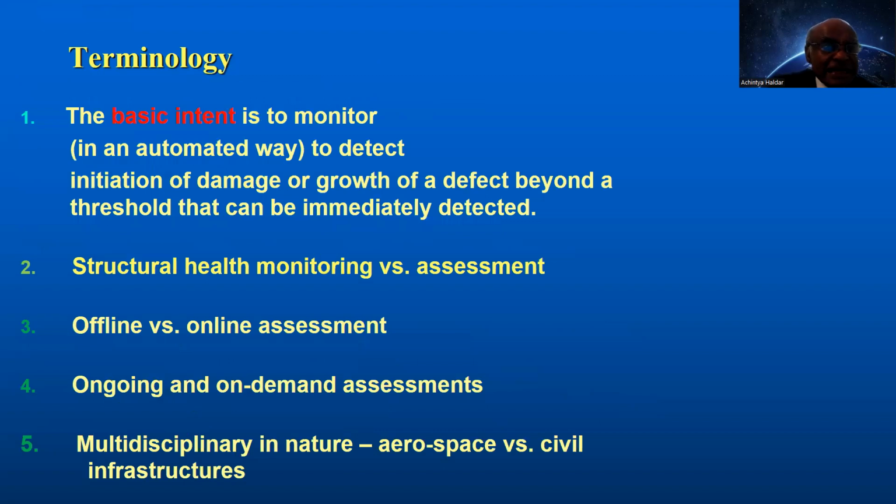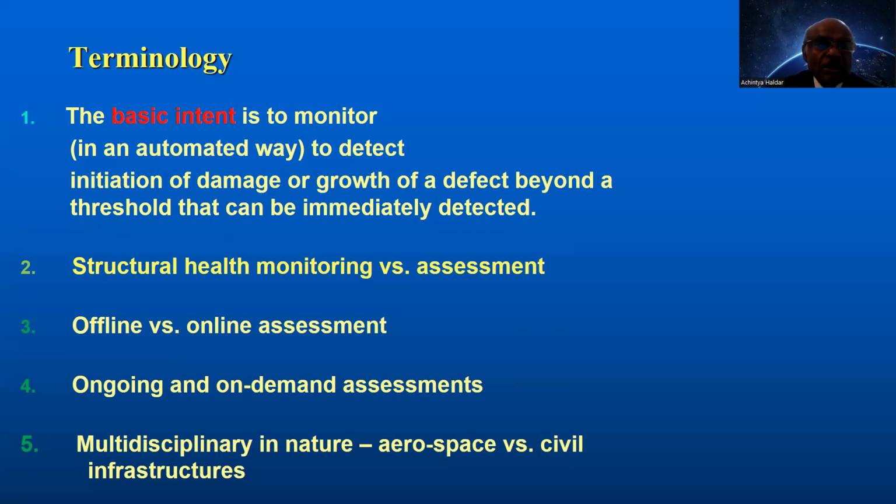The basic intent of structural health assessment is to monitor in an automated way to detect initiation of damage or growth of a defect beyond a threshold that can be immediately detected. Then we have to use the difference between monitoring and assessment.